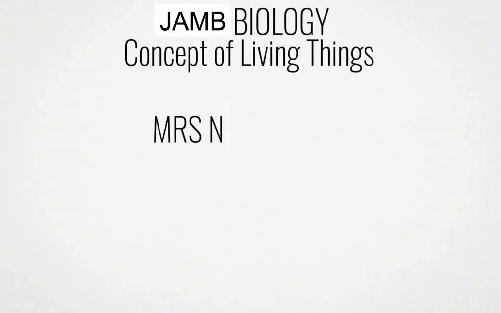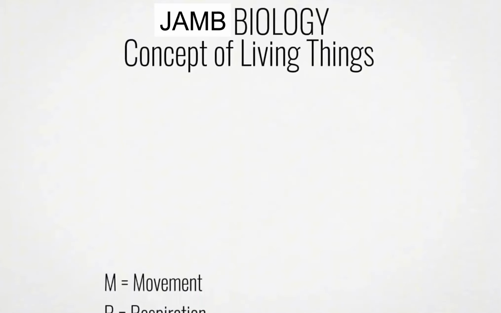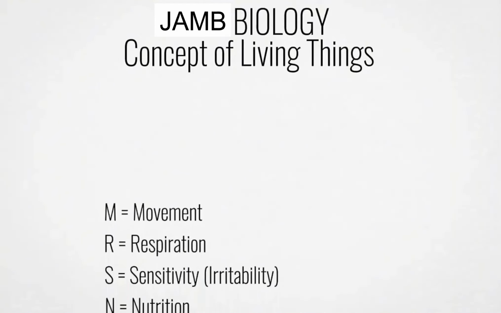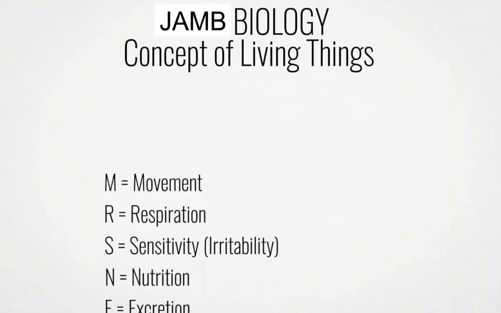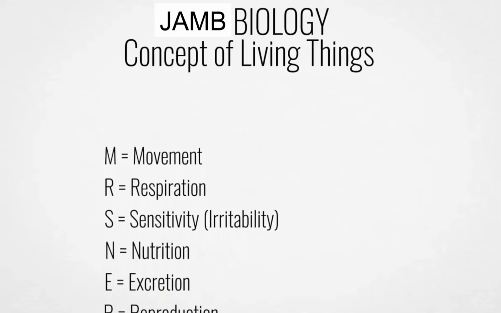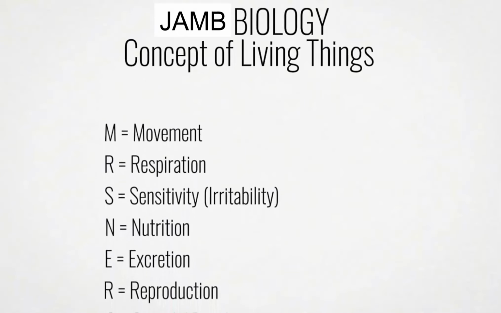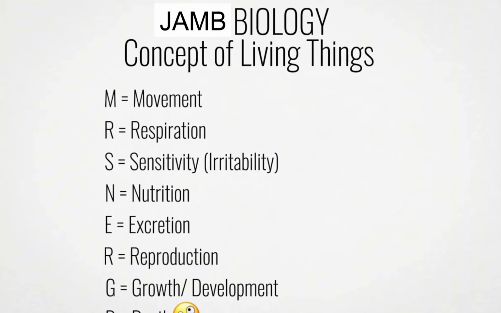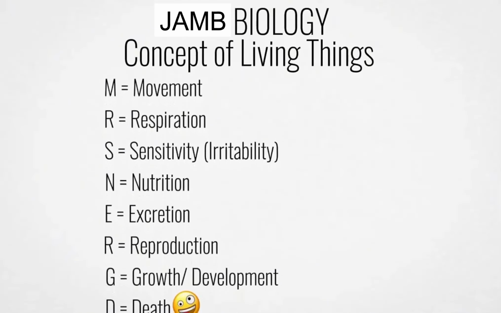MRS NEG. You can simply call it Mrs. Neg. That stands for M for movement, R for respiration, S for sensitivity, N for nutrition, E for excretion, R for reproduction, and G for growth.